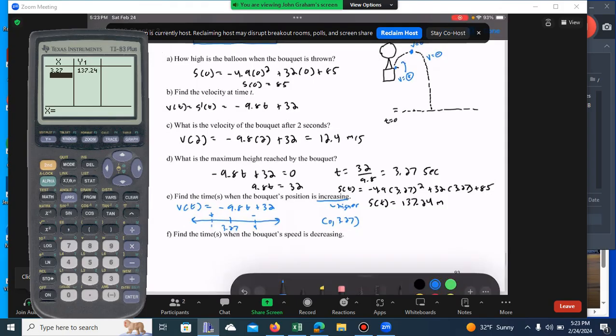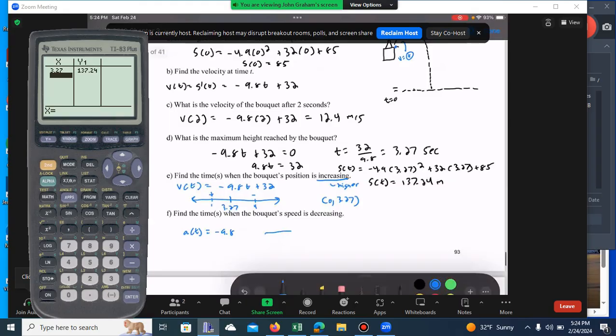Well, we would have to look at our acceleration. A of t equals negative 9.8. So we have 3.27, and velocity is positive before, velocity is negative after.